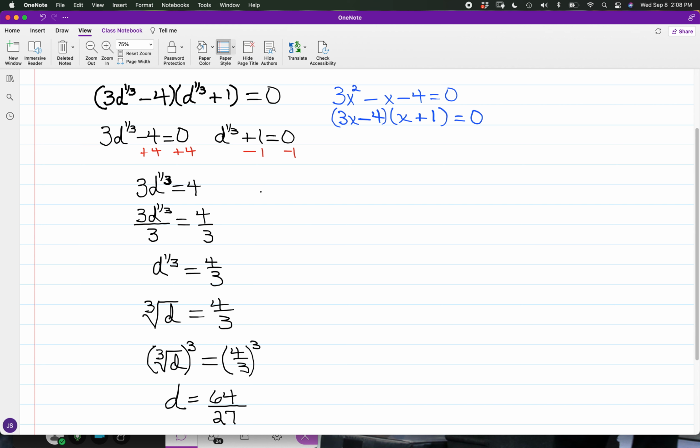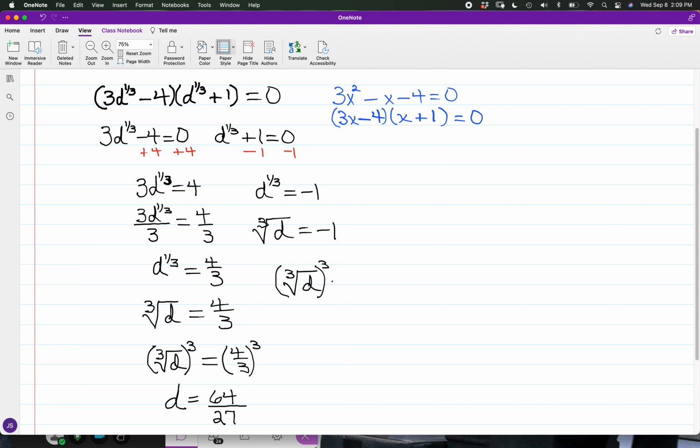Now for the other factor, upon taking 1 away from both sides, I have d to the 1/3 is equal to -1. So this equation I now have already in terms of d, and if I write it as a radical, I'm going to have the cubic root of d is equal to -1.